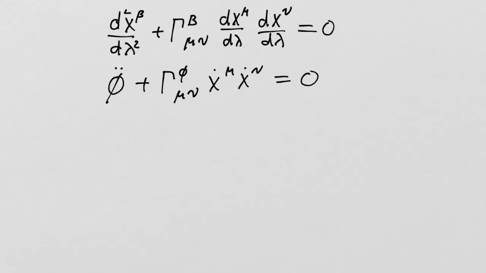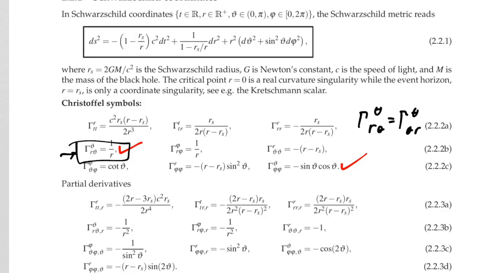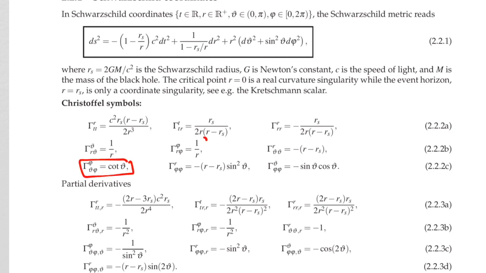And here it is. The general geodesic equation, we set beta equal to 3, and x3 corresponds to phi, which gives us this guy. So now we have to hunt down these guys that are non-zero. Looking here, let me erase the previous ones. Looking here, what I see is this one is non-zero. This one is non-zero.